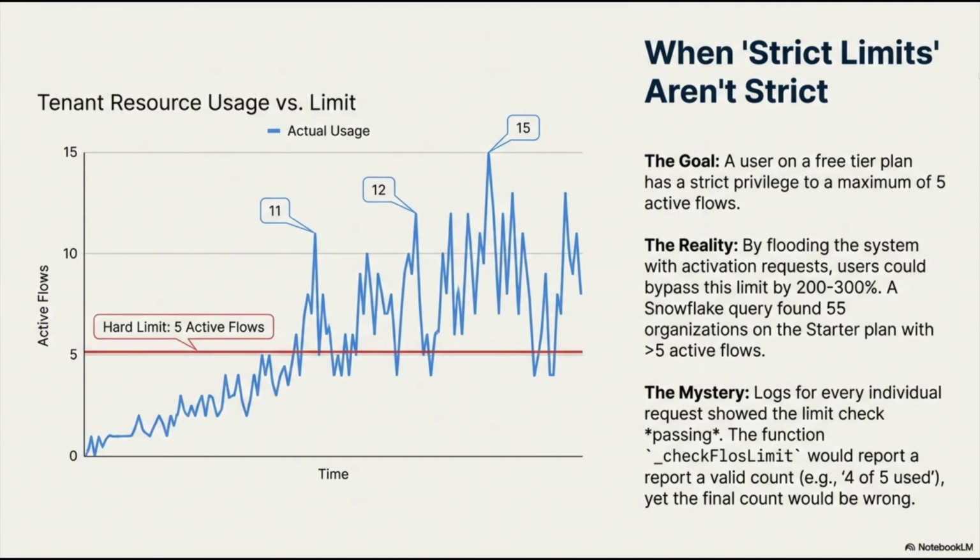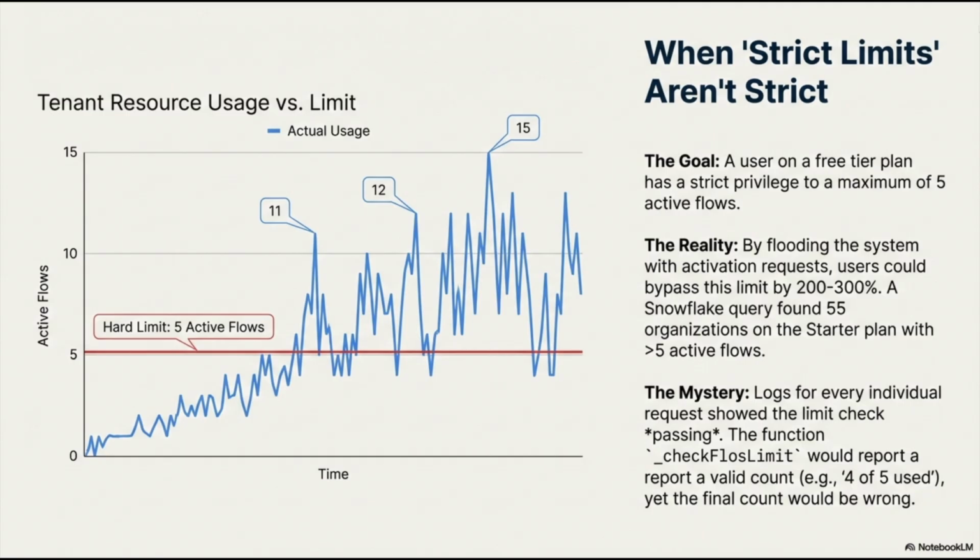The Snowflake query also showed 55 organizations on the starter plan which had more than 5 active flows, which is not good. Logs for every individual request show that the limit check passing function, which is the check flow limit, would report a valid count, which is 4 of 5 used, yet the final count would be wrong.